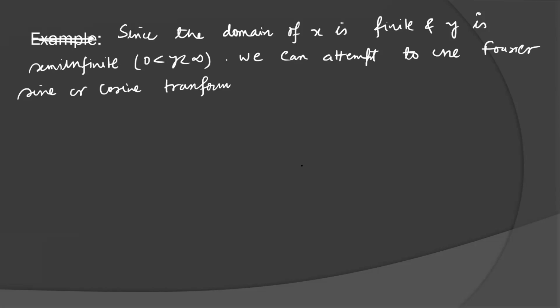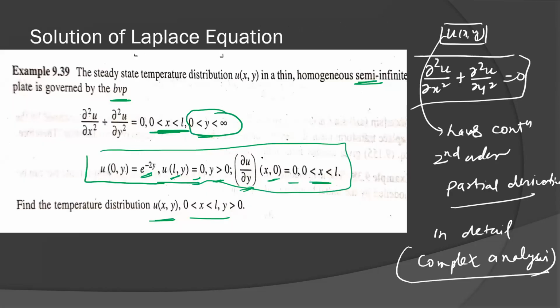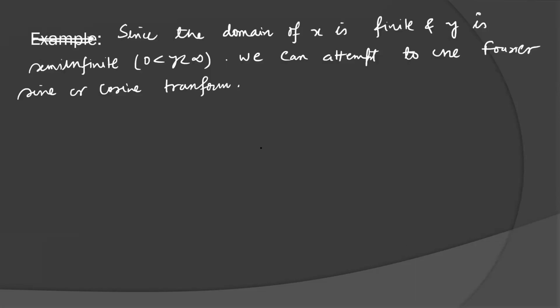But if we see the initial conditions, the condition given is del u by del y. This term is required in the Fourier cosine transformation.